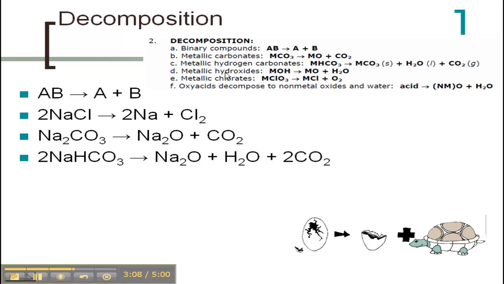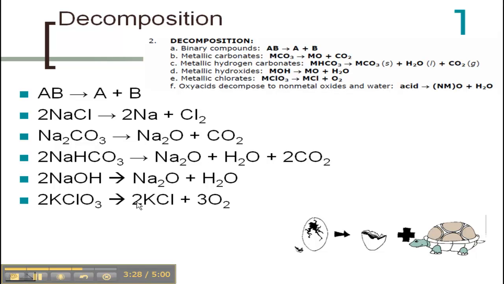The next one is a metallic hydroxide. So you have a metal and hydroxide, then you break it down and you get the metal oxide and water. Like sodium hydroxide would break down into sodium oxide and water. A metallic chlorate would break down into that metal chloride and oxygen gas. So potassium chlorate, and this is how we're going to destroy the gummy bear, breaks down into potassium chloride and oxygen gas.